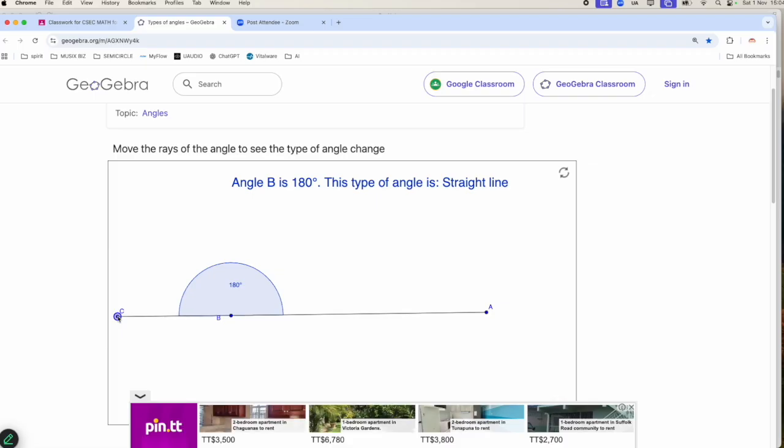And then once we go above 180, we have our reflex angle, and that reflex angle is going all the way to 360 degrees, and 360 degrees is the full circle.